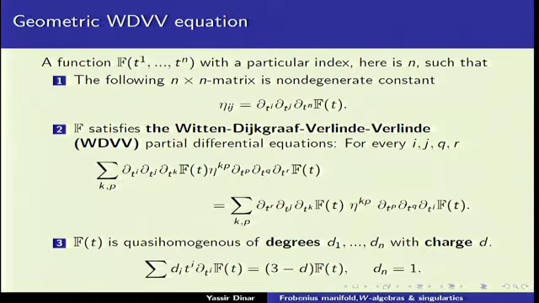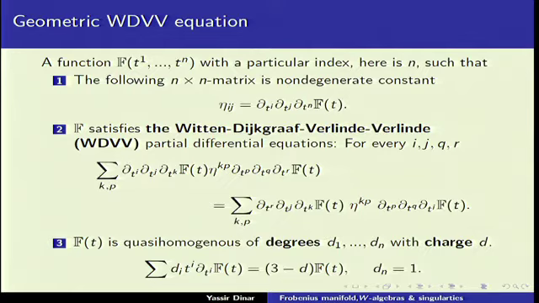These equations depend on the third derivative of my function f, where my metric eta is the inverse of this constant matrix. This system is supposed to be satisfied for all indices i, j, q, r. If you wonder about the difference between the left-hand side and the right-hand side, you just have to reverse these two indices here.